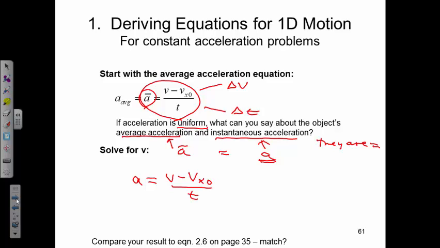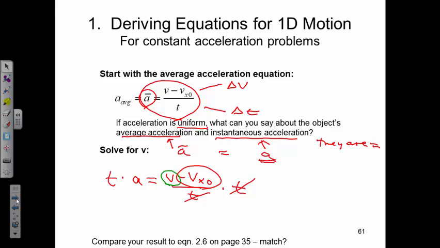I just want to solve this simple equation for velocity. To do that, we multiply both sides by time to get rid of the time. Then we can add vx naught to both sides to get v isolated.